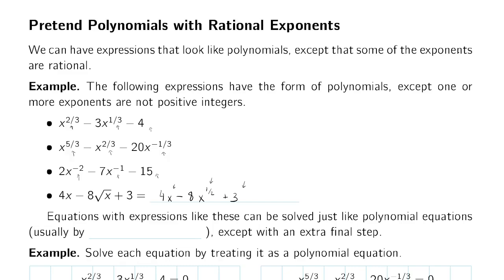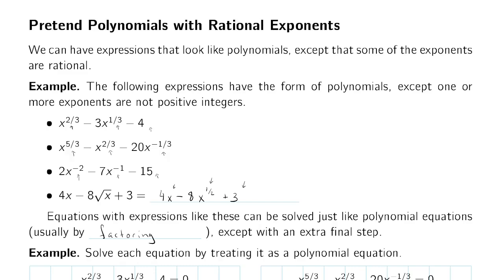And the key idea here is equations like these can be solved almost exactly as if they were polynomial equations. And in particular, if the polynomial equation in question could be solved by factoring, so can these.